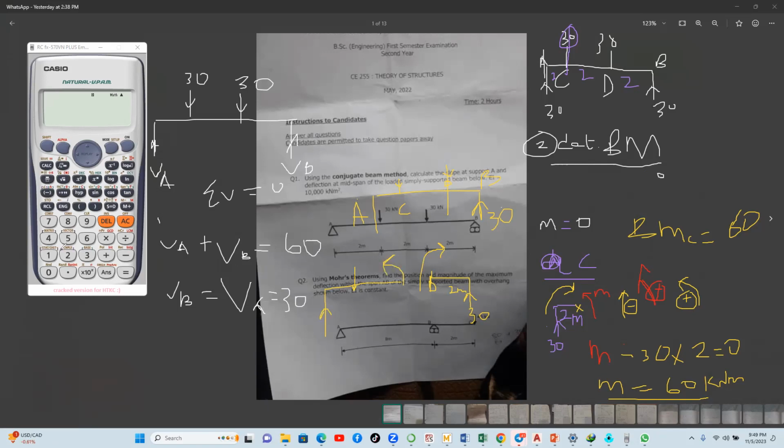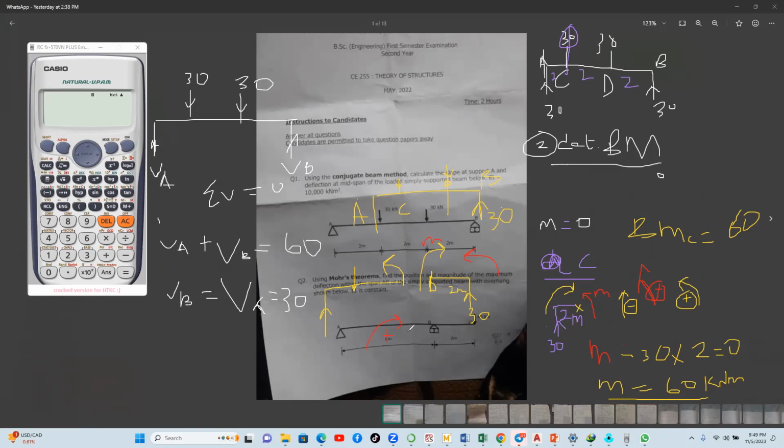So let me label my M. This is my M. So my M is taking that direction. So it's easy to make my M's direction the positive one, so positive in that direction. And this 30 kilonewton force is moving counterclockwise to the direction of the moment.